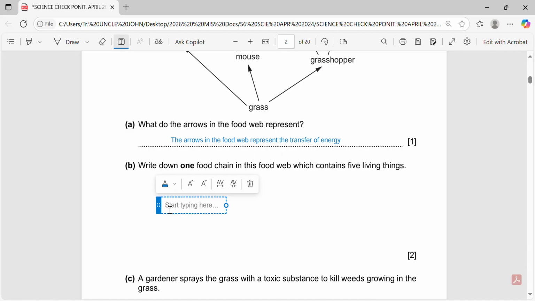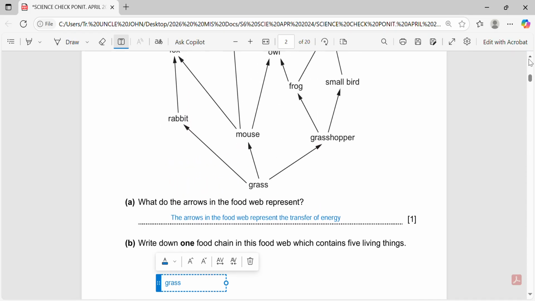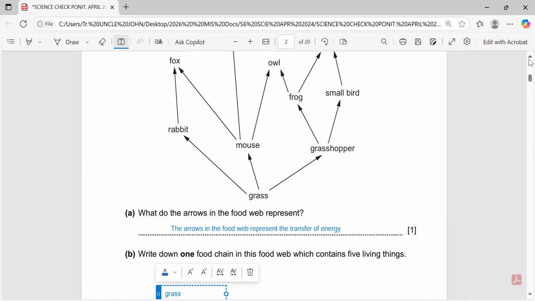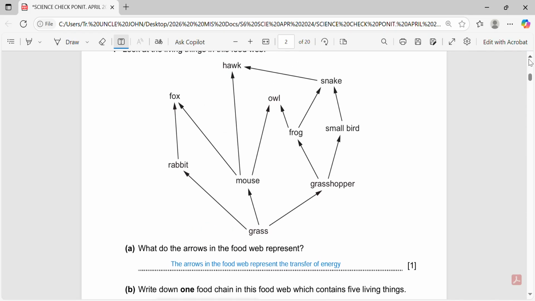Let's start with the producer, grass. As you see, our food web is here on top, and we have to make sure it has 5 living things. We can start with the grass, grasshopper, frog, snake, and then hawk.